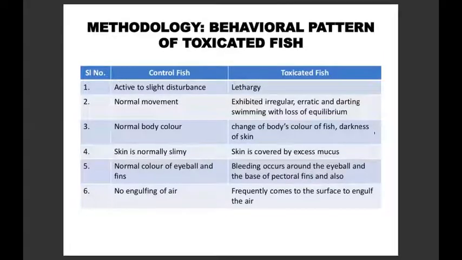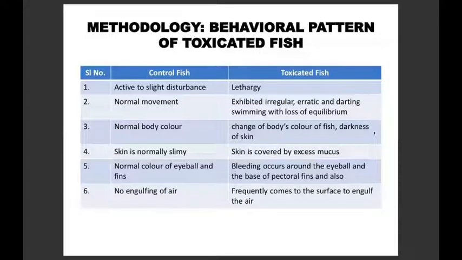When we observe the behavioral pattern of the toxicated fish in comparison to the control fish, we observe that the toxicated fish is in lethargic mode, and it comes to the surface of the water and engulfs air, because there is very little oxygen content in the toxicated water.